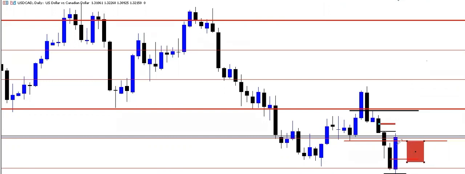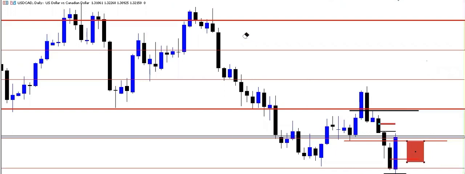Because price has left fair value on the H4, price may, upon opening of the market, trade lower to this zone. Then from here, we can maybe see price go up first, then form a lower high, then continue to the downside. As simple as that. No complication.